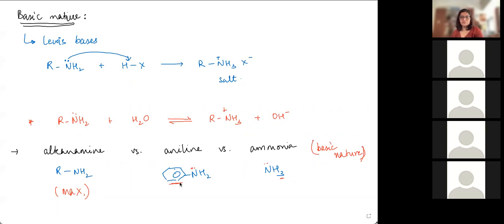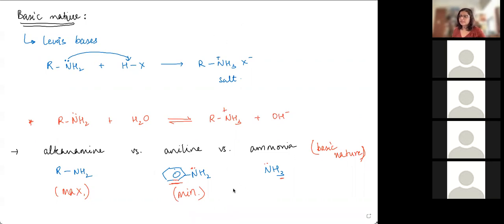If you have a benzene ring, then it'll be least basic, right? Yeah, the lone pair is less available to be donated, so this is the least basic, and ammonia is somewhere in between both of these.